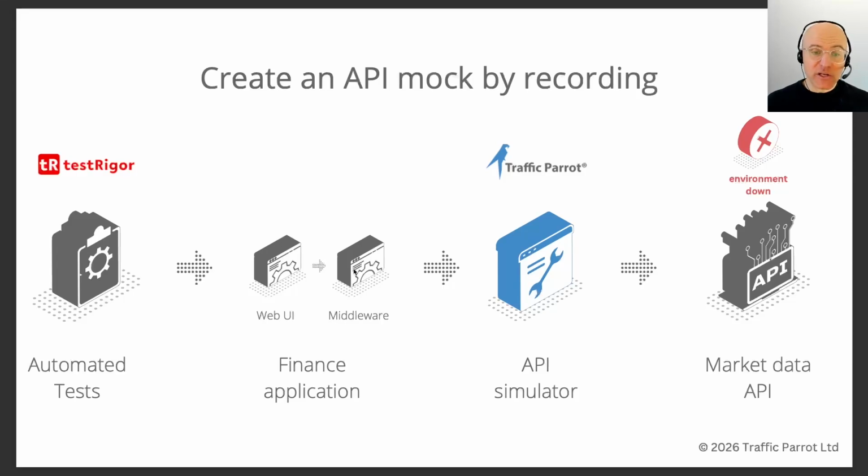We still have to reconfigure the middleware to point at Traffic Parrot instead of the real backend environment. Let's go ahead and do that, and we can do that in the same properties file of the middleware application where we found the URL of that real endpoint.